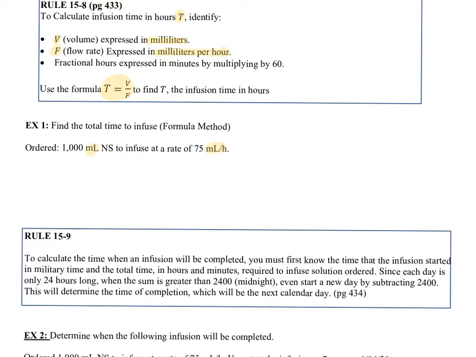Alright, the next thing we're going to do is substitute these values into the formula. So let me go ahead and label what these are. The volume is going to be 1,000 milliliters. And the flow rate, capital F, is going to be 75 milliliters per hour. Plugging this into our formula, we know that the total time is going to be the volume divided by the flow rate.